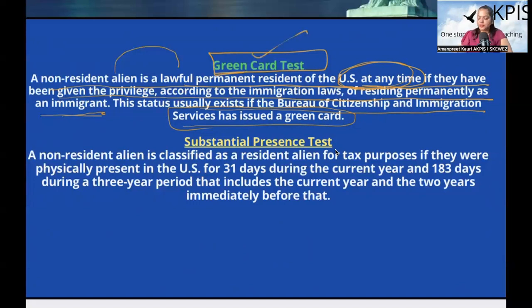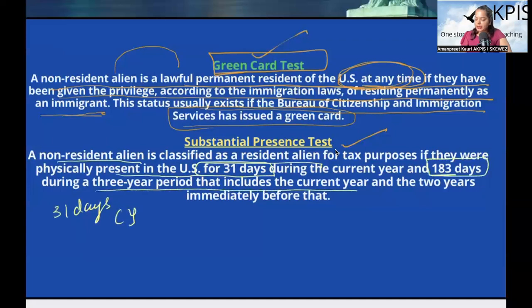In the other situation, which is the second test, that is the substantial presence test, a person who is as of now a non-resident is classified as a resident alien under which circumstance? That means any person who satisfies this condition: who is there in the United States of America for 31 days during the current year, and 183 days during a 3-year period that includes the current year and the 2 years immediately before that.